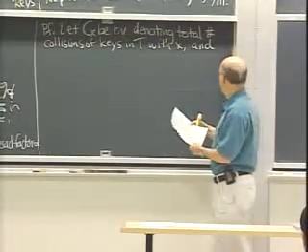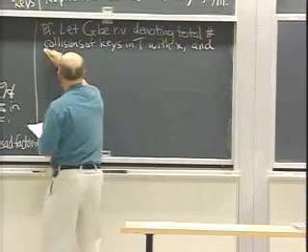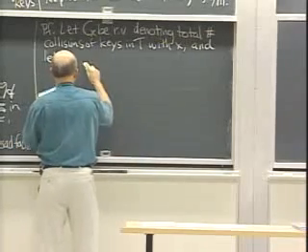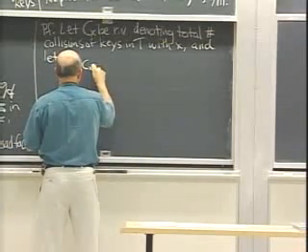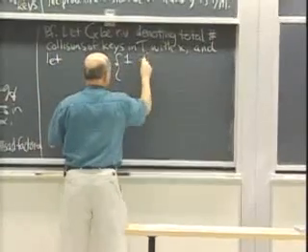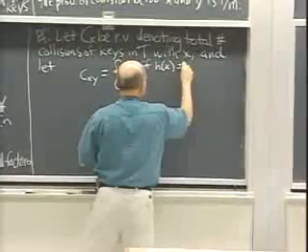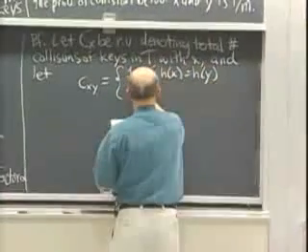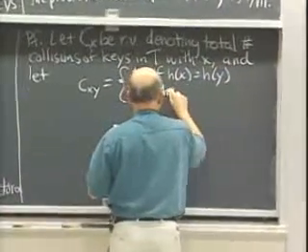So here we're going to let our indicator random variable be little c of xy, which is 1 if h of x equals h of y, and 0 otherwise.